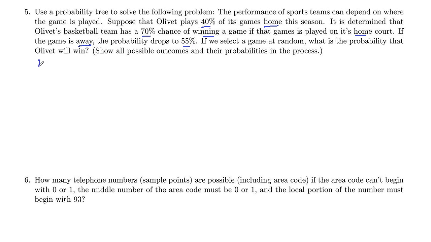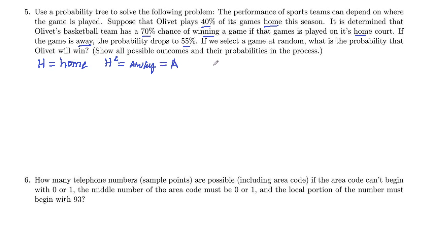So let's let H be the event home game, and then H complement is going to be an away game. You can use H complement or you can use A for away.